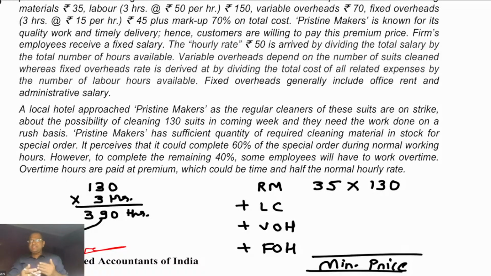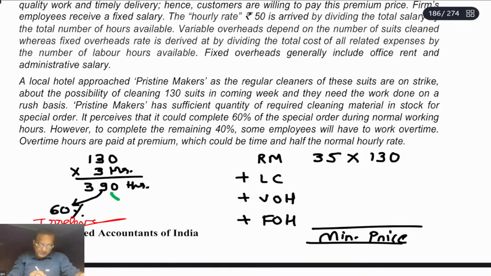The only change that will happen is that this 390 multiplied by 60% time will get converted from idle time to productive time. But from the financial perspective, there is no change in the payment that will be made to the worker before acceptance and after acceptance of this special order regarding this 60%. But the remaining 40% is definitely relevant.